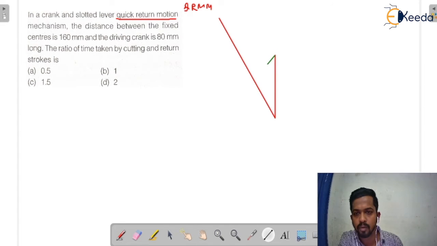So you must know which link is fixed. Always draw the diagram for the dead center when you have to calculate the length of any link. Dead center means when the slotted bar is at rest position, that is the extreme position where the velocity of the slotted bar is zero.